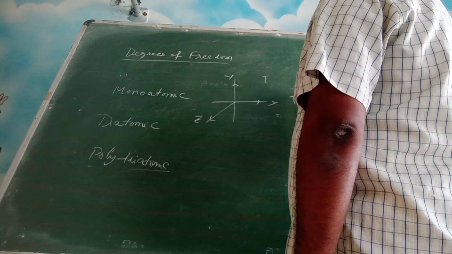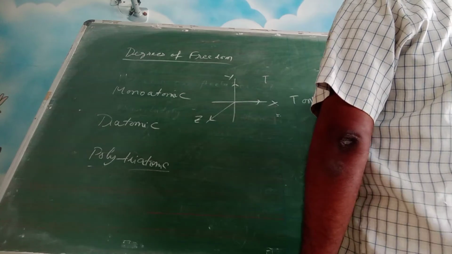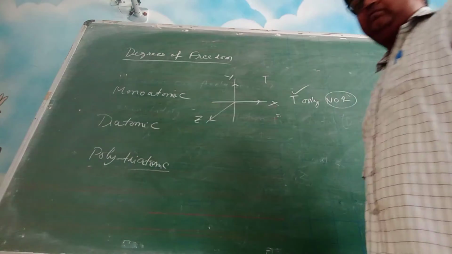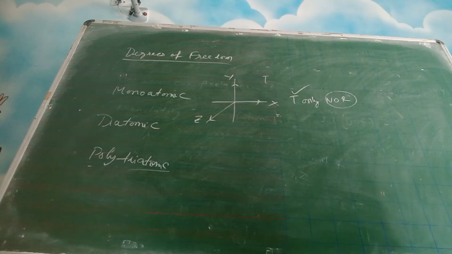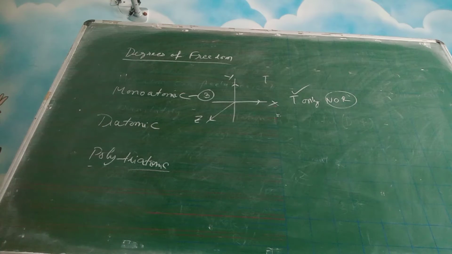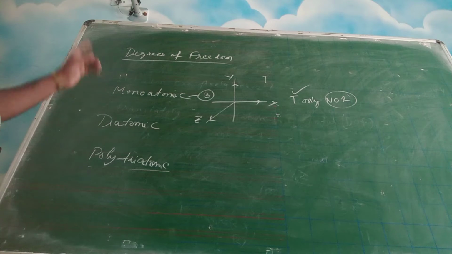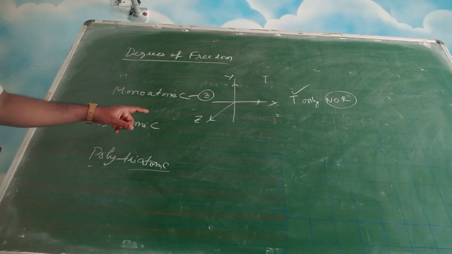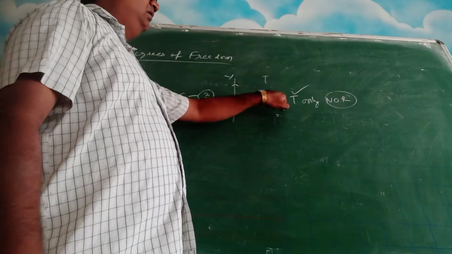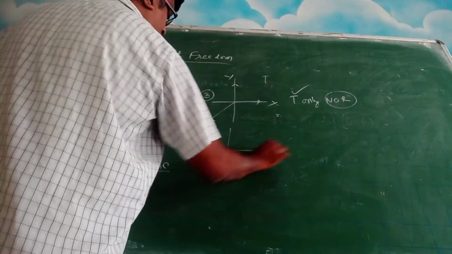You here T only, no R. Here there is no rotation, there is only T. But in all three directions it can move very easily. That is why degrees of freedom is 3. Alright? Degrees of freedom of monoatomic gas molecules is 3, and that degrees of freedom is only in T, not in R.